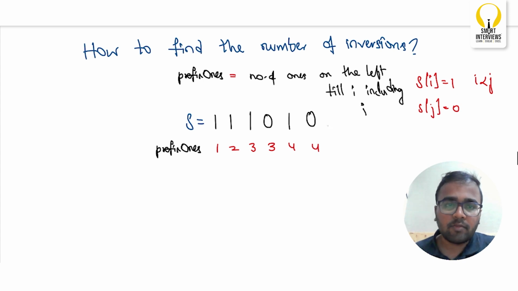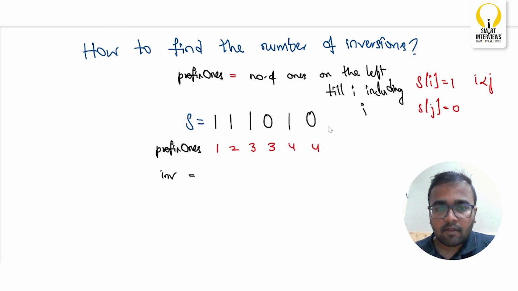So if you have the prefix ones for any value of i, what will you do? Whenever you find a 0, you can include these number of ones into your inversions. So your inversions will be: if it is a 1, there is no inversion, no inversion, no inversion. But if it is a 0, it is going to include the number of ones on the left, which is nothing but 3.